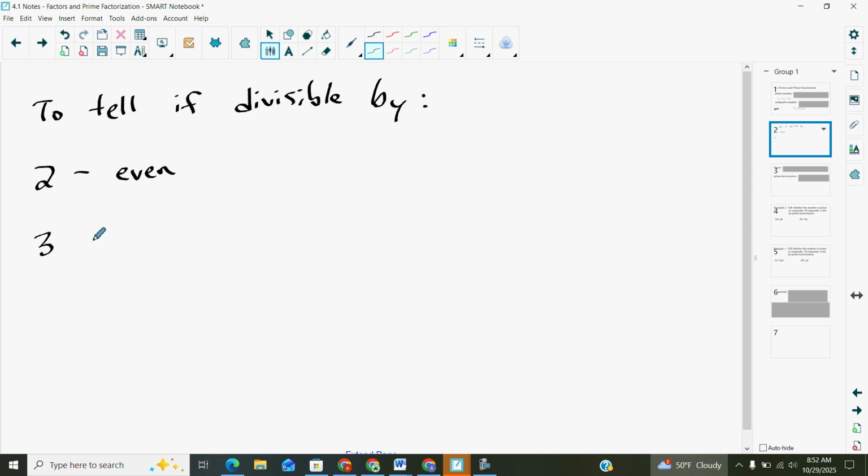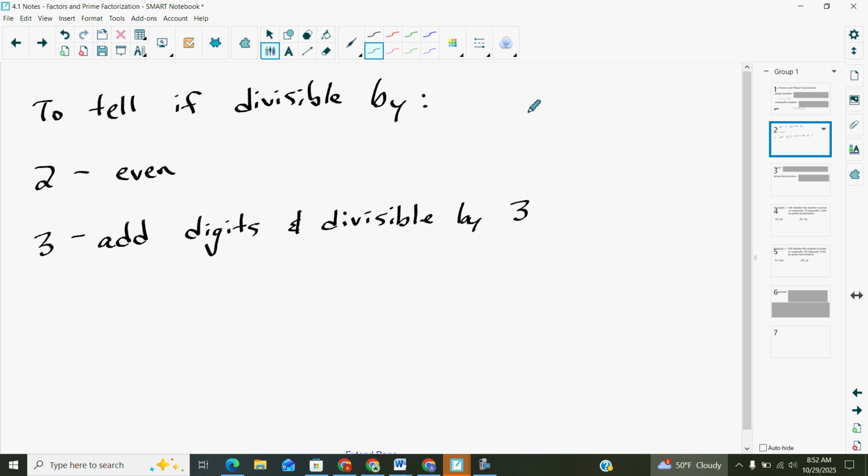The number 3, to tell if it's divisible by 3, add the digits. And if that number is divisible by 3, then the number itself is divisible by 3.